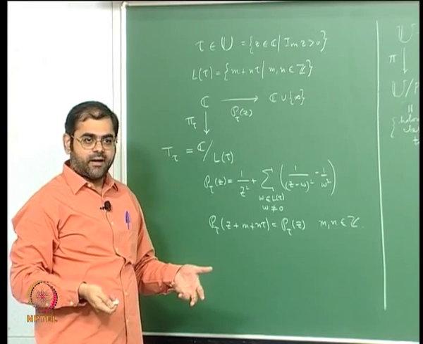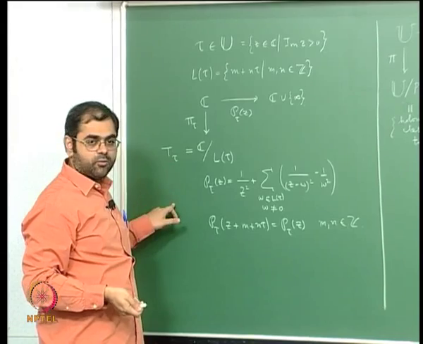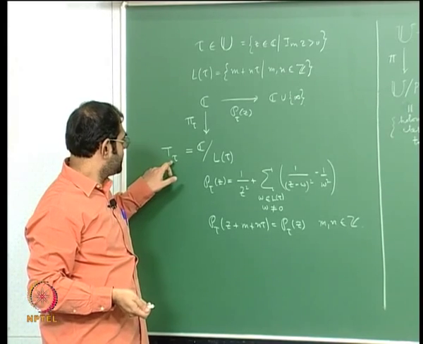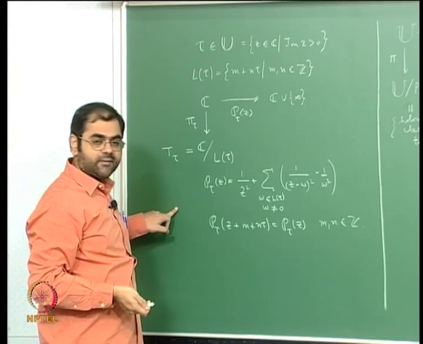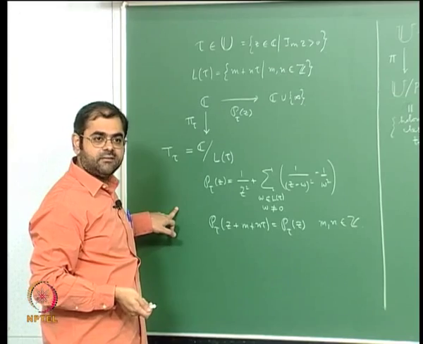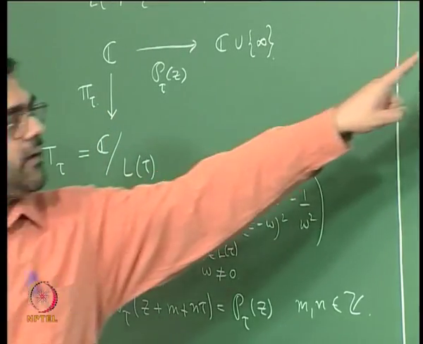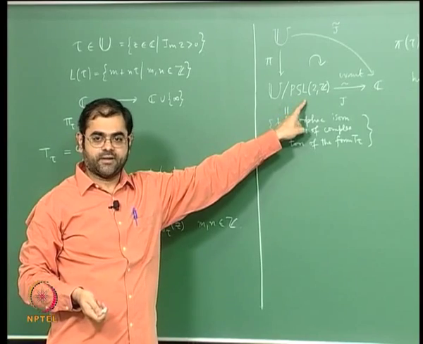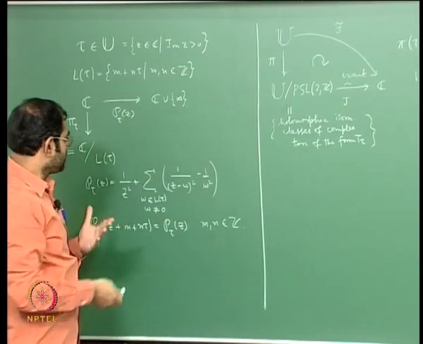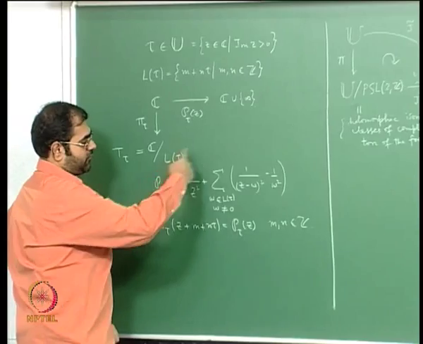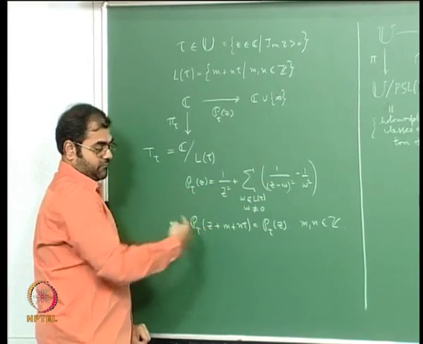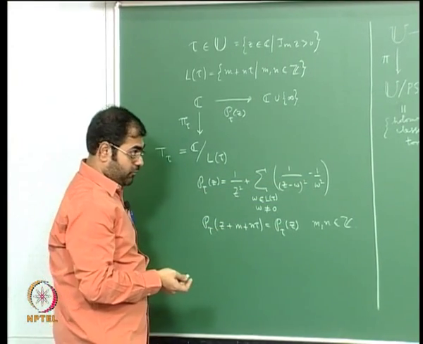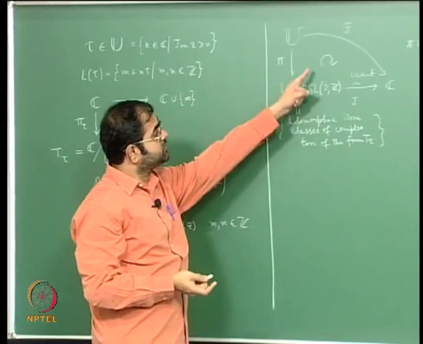And how do I change the torus by holomorphic isomorphism? I do that by simply replacing tau by another element which is gotten from tau by a unimodular transformation, an element of this group. So this is the story of how we got the Weierstrass P function.